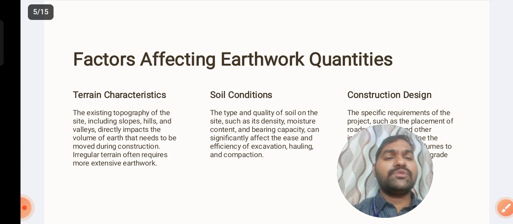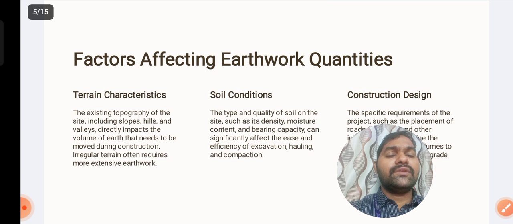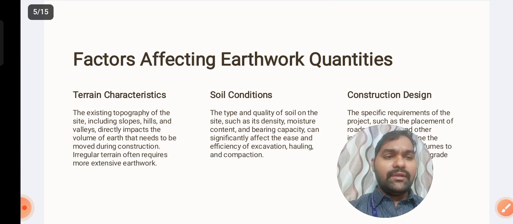Then coming to soil conditions, just before we discussed the CBR value. If the CBR value is very low, in that case we are going to remove the soil and replace it with another type of material.